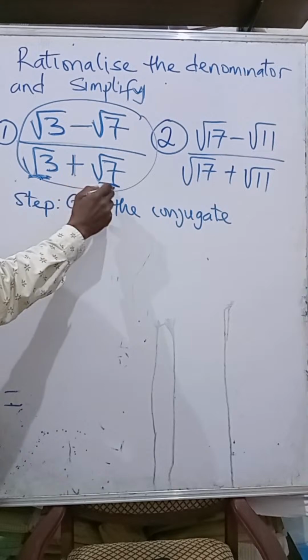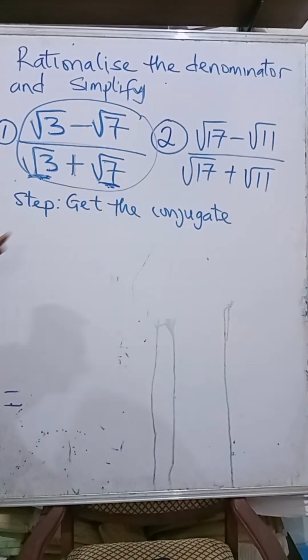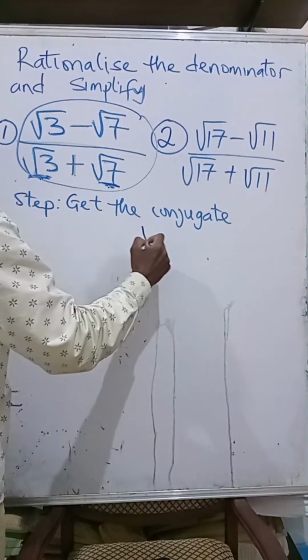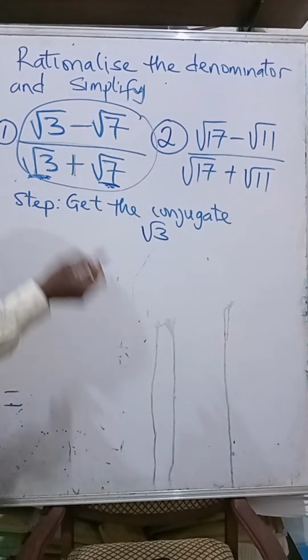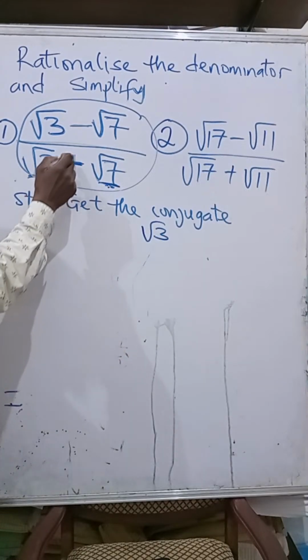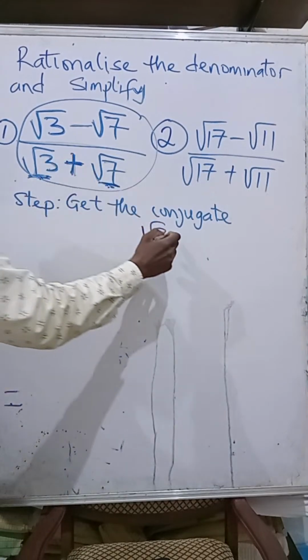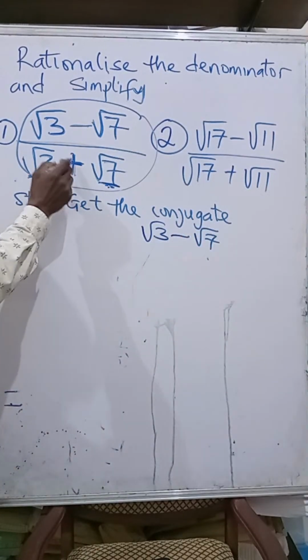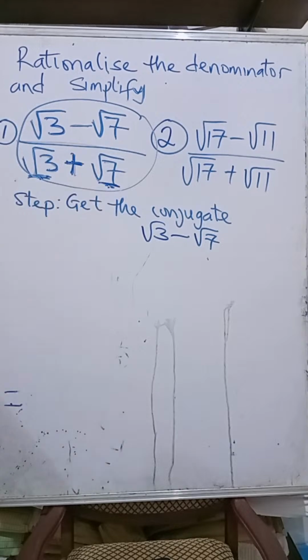We also have the second part, which also has a root. So the conjugate is root 3. When you're getting the conjugate, you just have to change the sign. If it's plus, it will change to minus. The same expression, but the sign has to reverse itself.